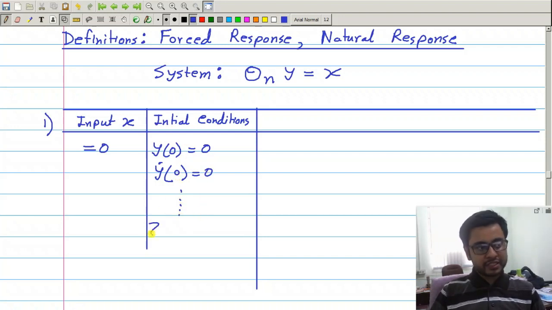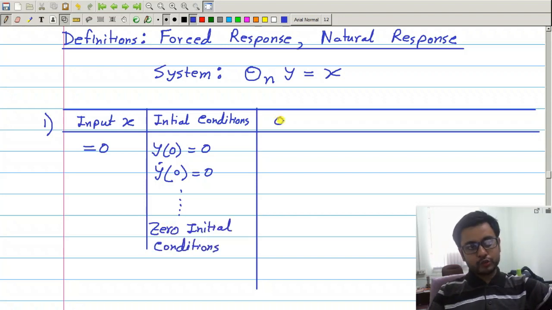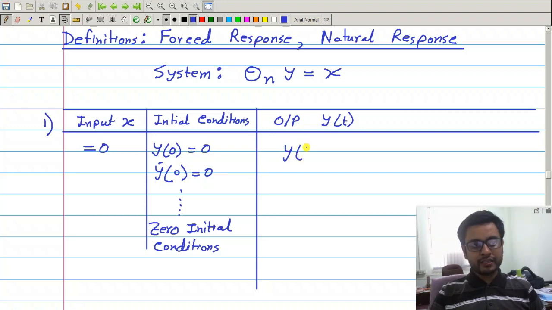So that means zero initial conditions. What will be the output y(t) in this case? It is easy to see that y(t) will be equal to 0.